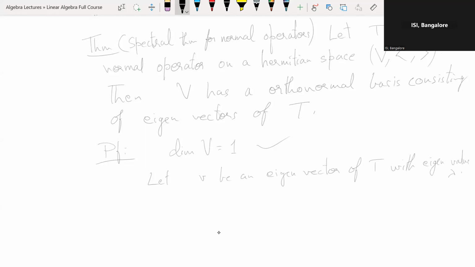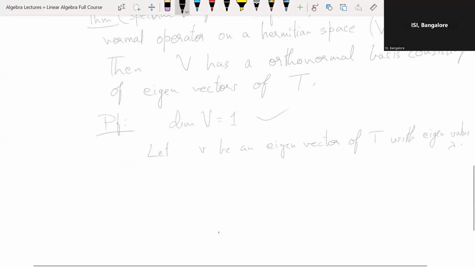Now again, we will look at the orthogonal space and try to prove.